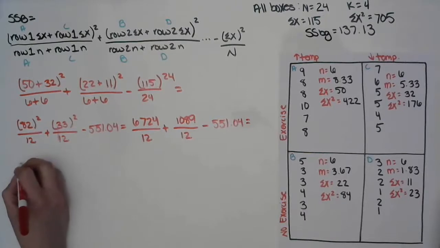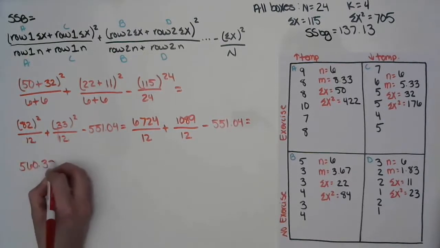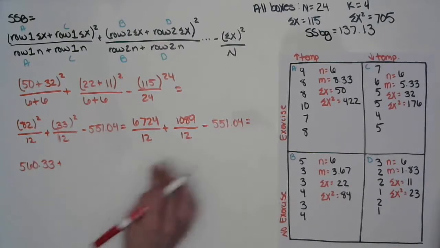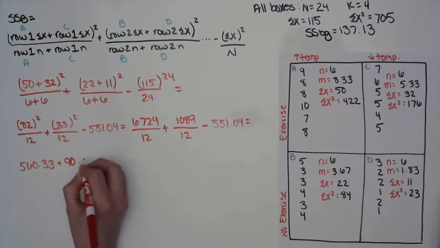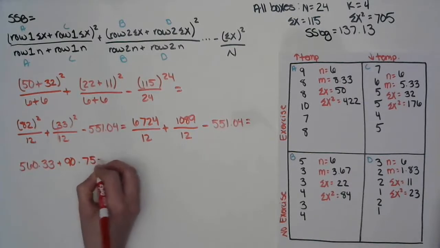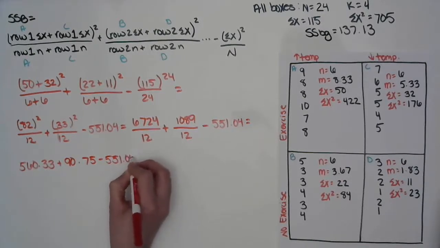That is going to give us 560.33, and don't forget to round, plus, when we divide this out, that'll give us 90.75 minus our 551.04.